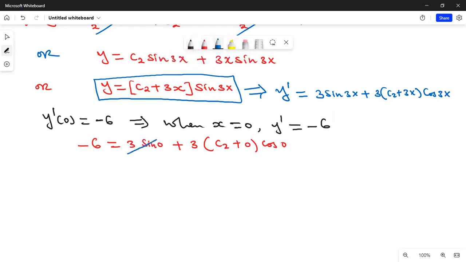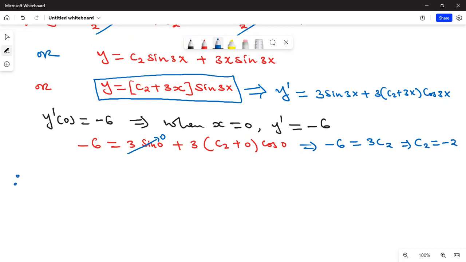So this will vanish. Cosine of 0 is 1. So this simply means that -6 is equal to 3 times C2. And so from here, it means that our C2 is equal to -2.